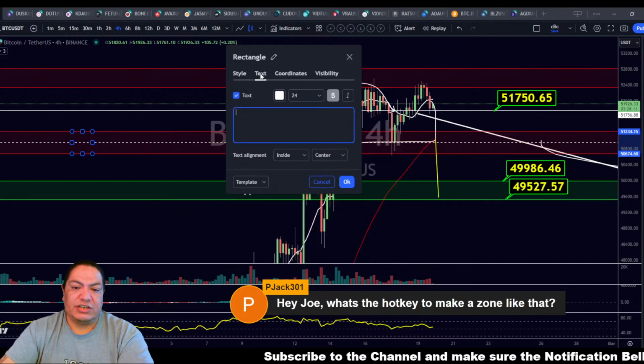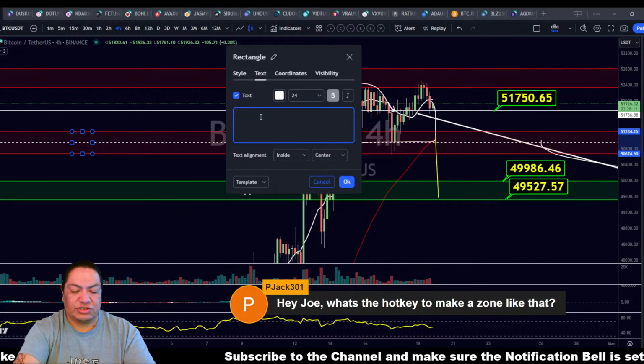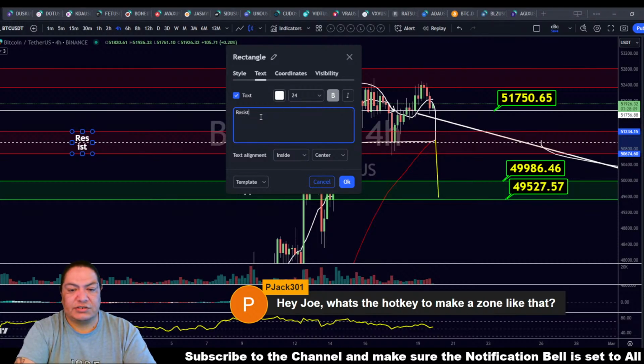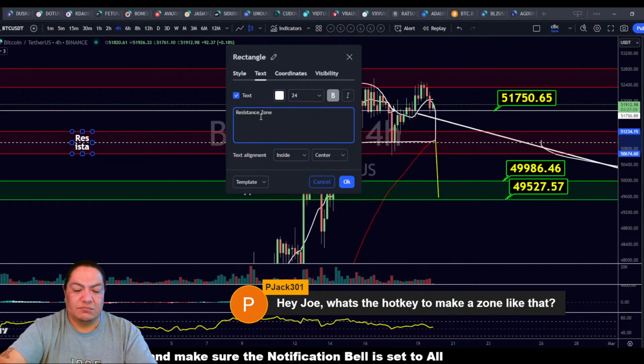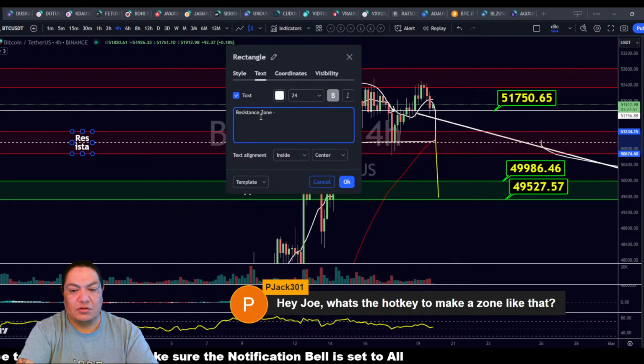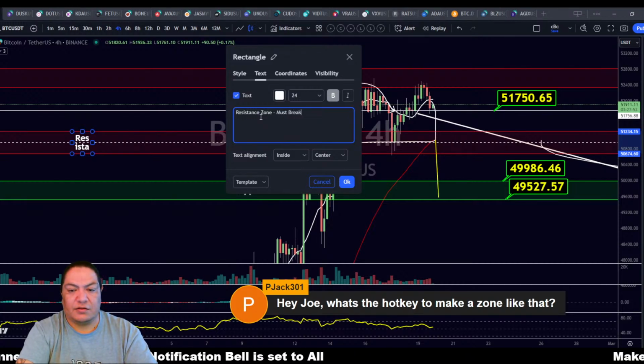Then you go to text, and here you can just type in resistance zone, must break through for bullish idea.